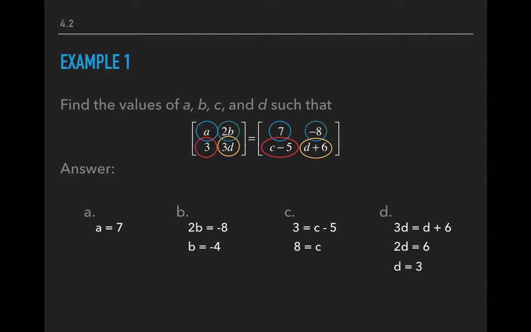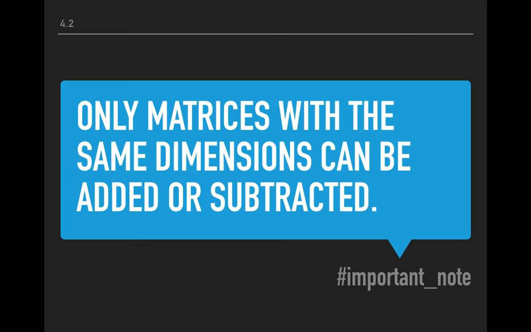We have some more information next. Important notes that we need to know about matrices. Only matrices with the same dimensions can be added or subtracted. It's like adding oranges and oranges or apples and apples.